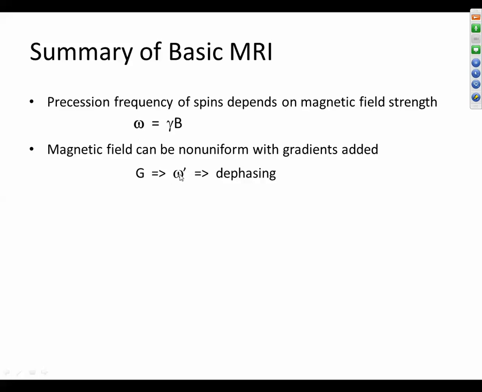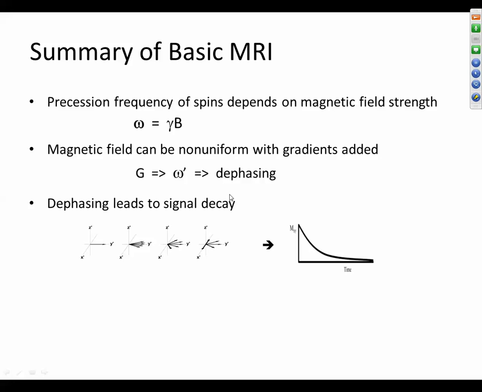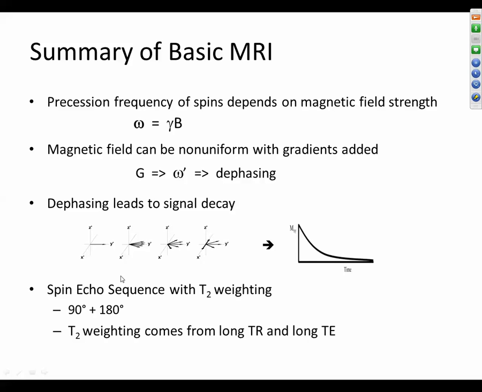Different spins have different omega, and the overall effect is the dephasing of those spins, and the dephasing can lead to signal decay. The spin echo sequence means a 90-degree excitation followed by a 180 refocusing pulse. The purpose is to eliminate the magnetic field inhomogeneity, and the T2 weighting can come from long TR and long TE.